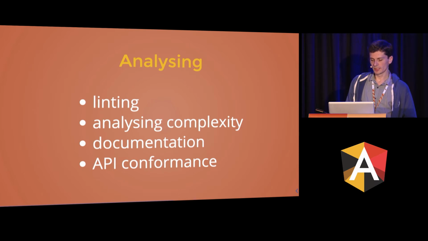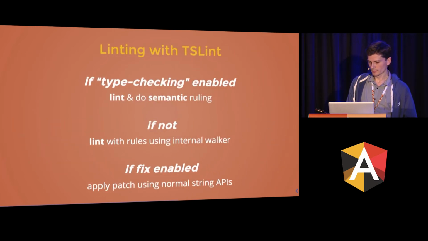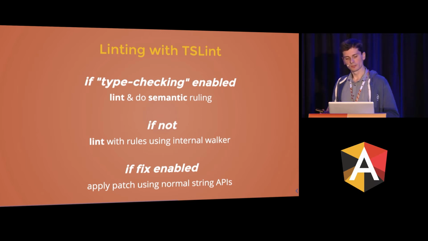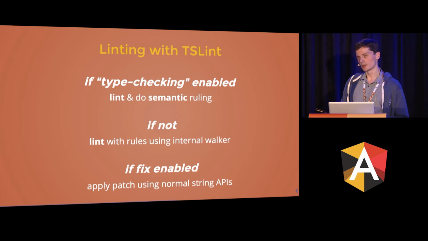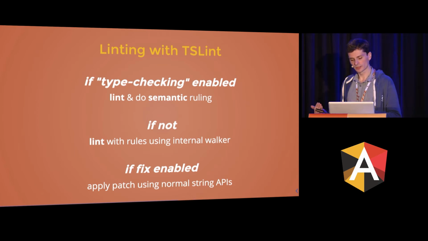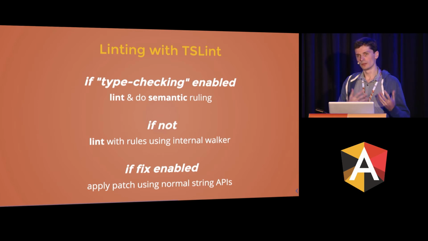If we look in detail at linting, for example with TSLint, this tool internally uses the TypeScript compiler APIs. If you enable the type checking option in TSLint, it will not just lint your code with syntactic checking, but also do some semantic checking with default rules or your own rules you created before.